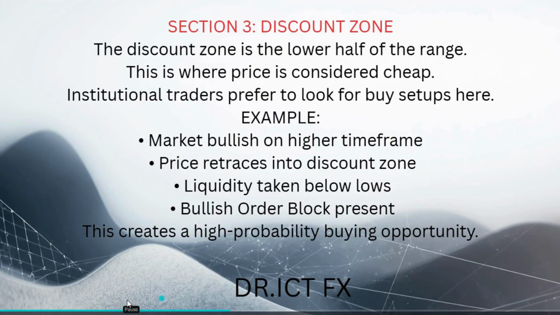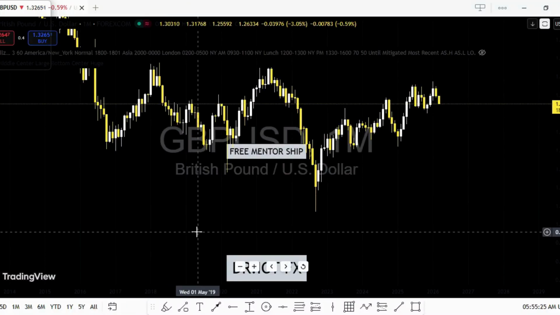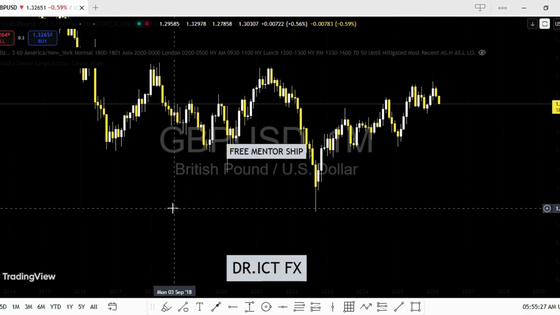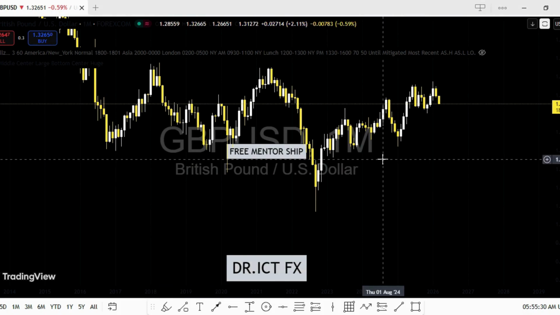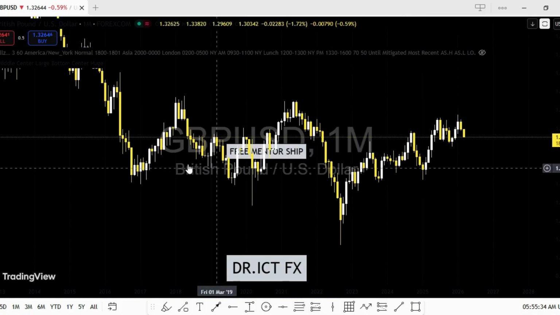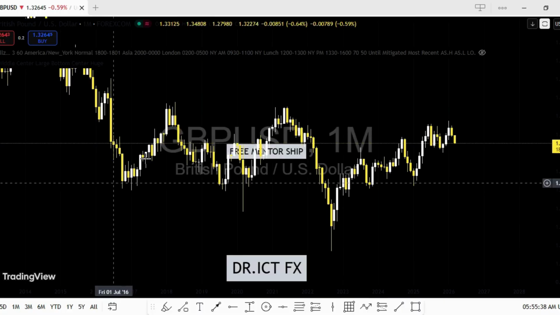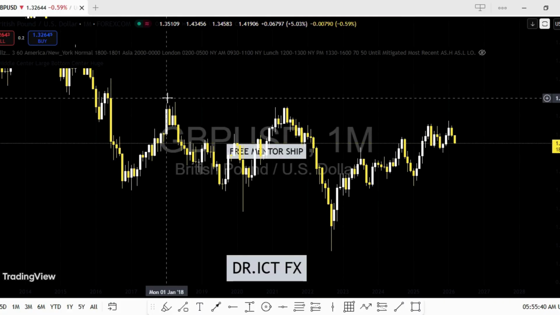So let me go to the charts. This is my chart, and this is the chart we are going to use, the Euro USD chart. What normally happens, we consider a dealing range.